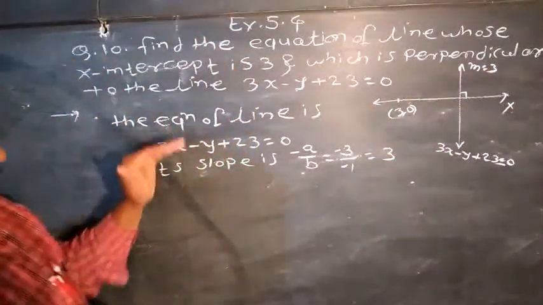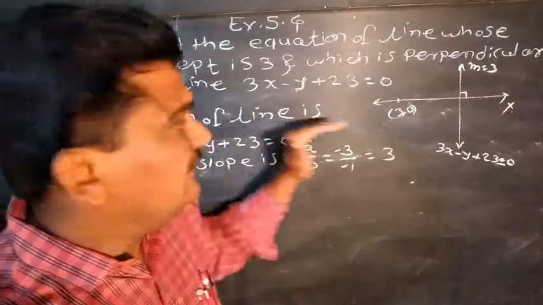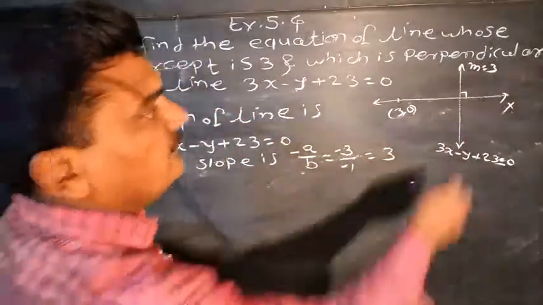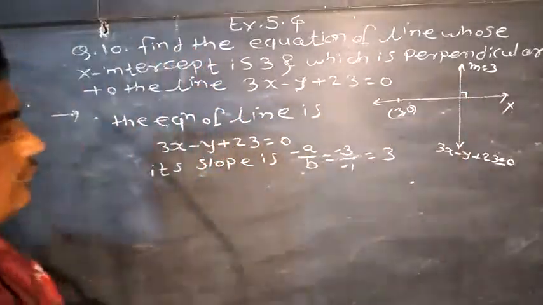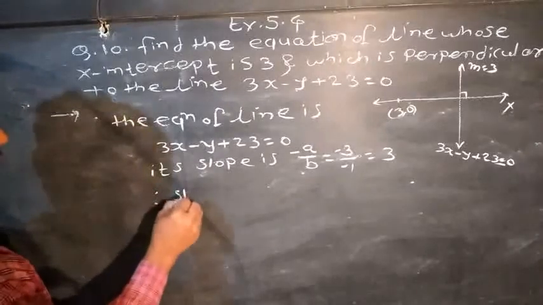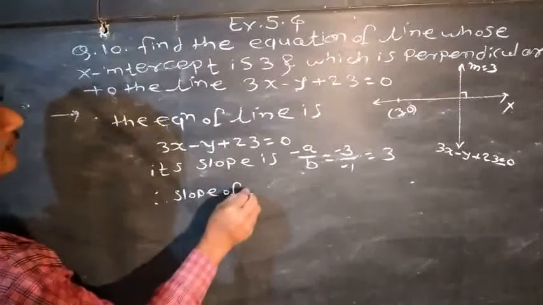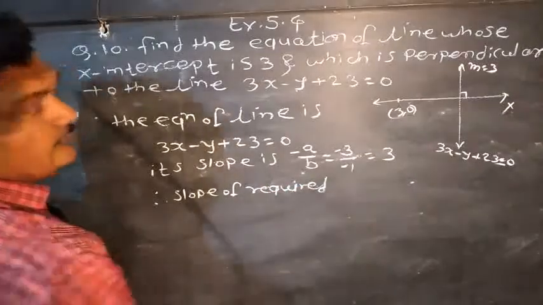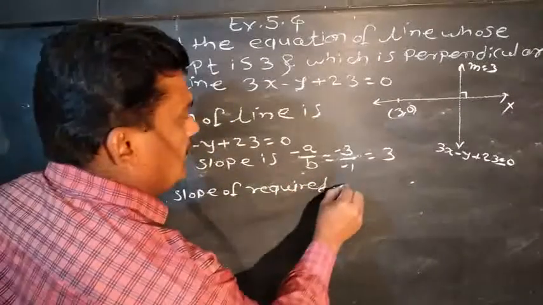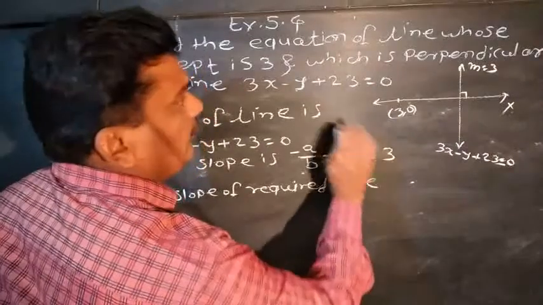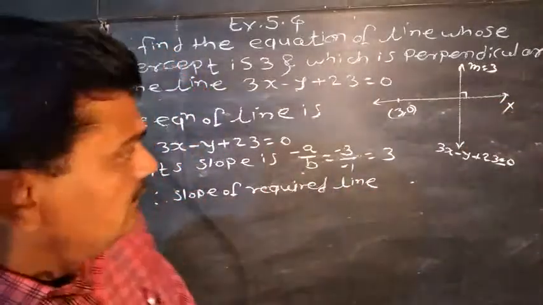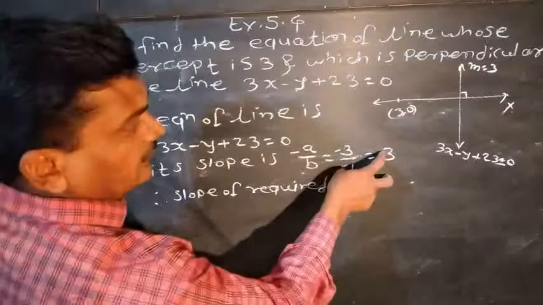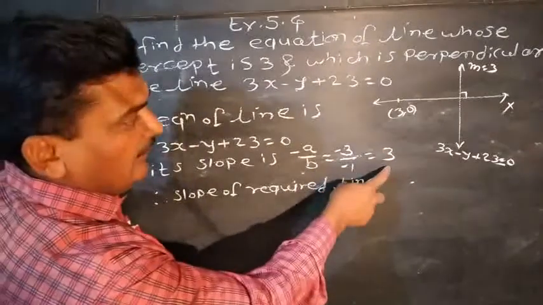Next, the required line passes through the point. These two lines are perpendicular to each other. Therefore, the slope of the required line is the reciprocal with a minus sign.